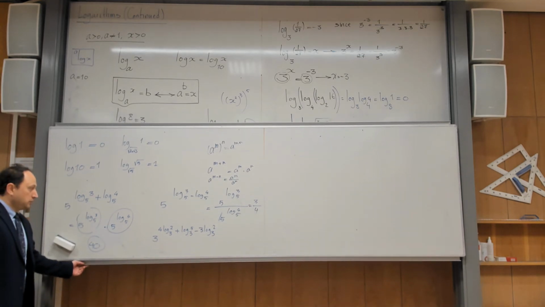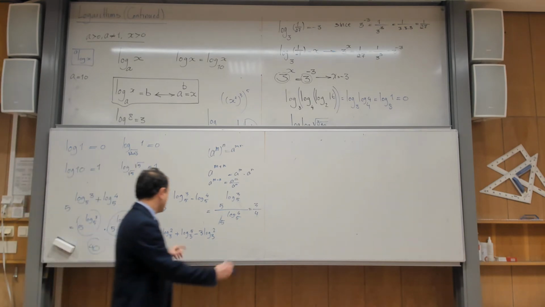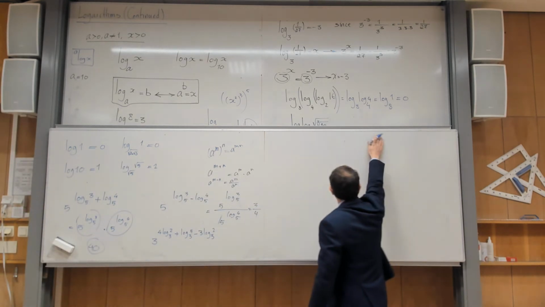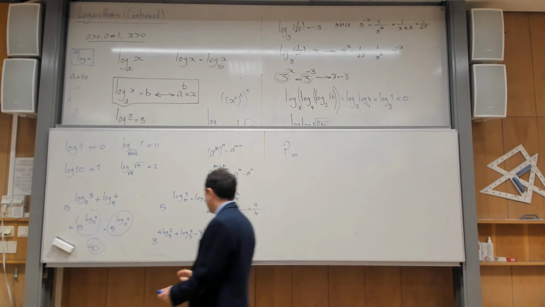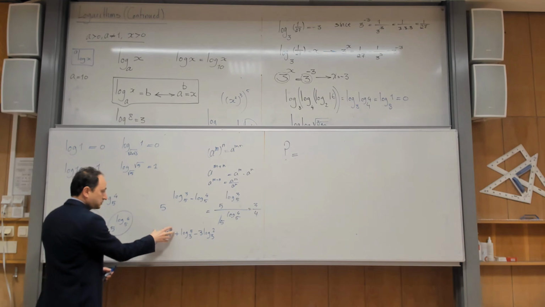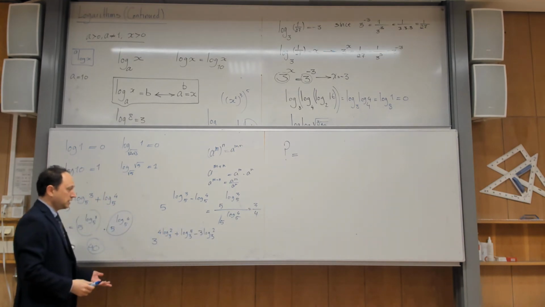Okay, but I want to be pedagogic, so I will explain everything again. So the question mark is equal to. What is the first step? The first step is this expression plus that expression minus that expression. So what can I write?